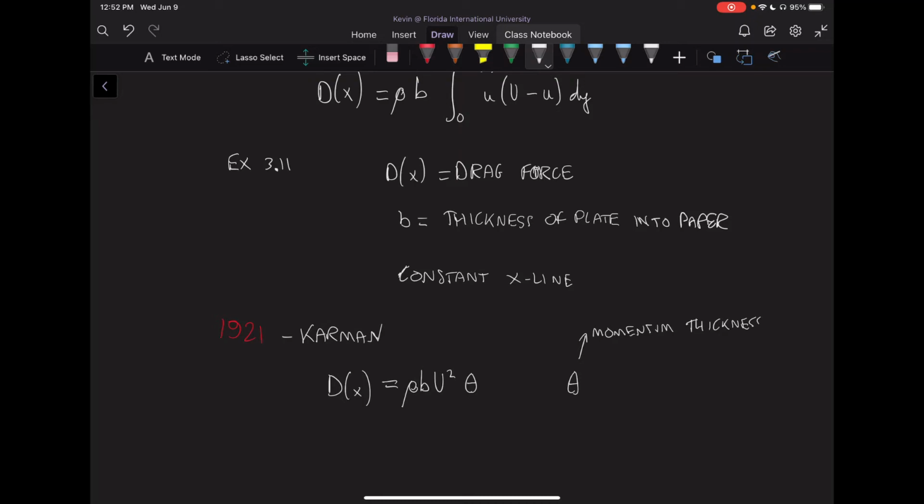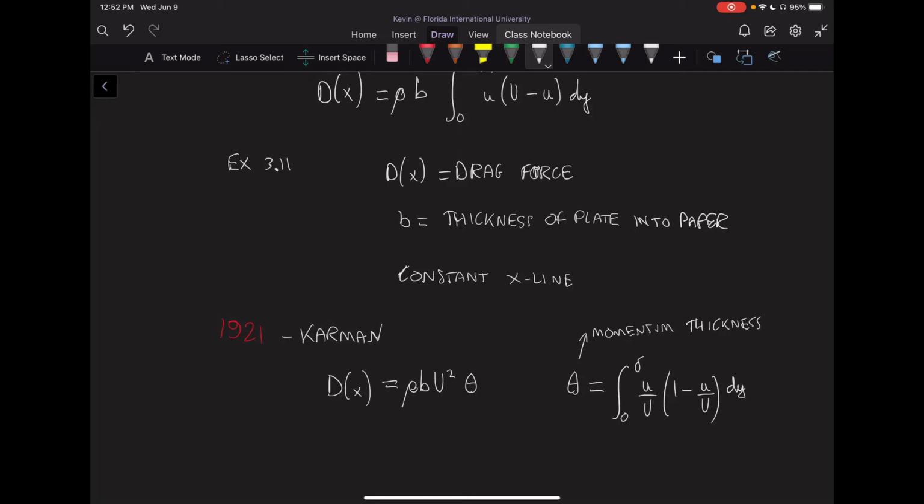The momentum thickness was the integral from 0 to delta of u over U times (1 minus u over capital U) dy. So he just rewrote the equation in slightly different terms so that we could analyze it differently.